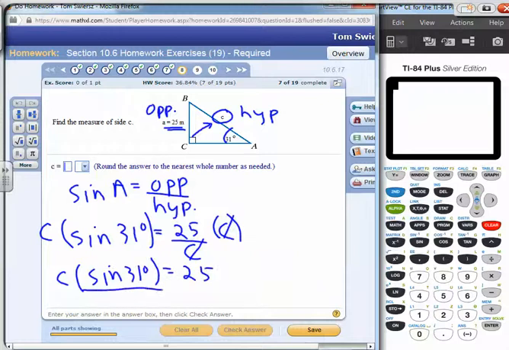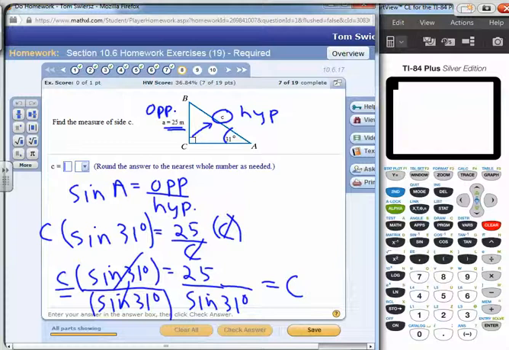And then the sine of 31 degrees is just a number, so divide both sides by the sine of 31 degrees, and these cancel, and you get C by itself. So C is equal to 25 divided by the sine of 31 degrees. 25 is in the numerator, sine of 31 is in the denominator. Make sure you get the order correct.